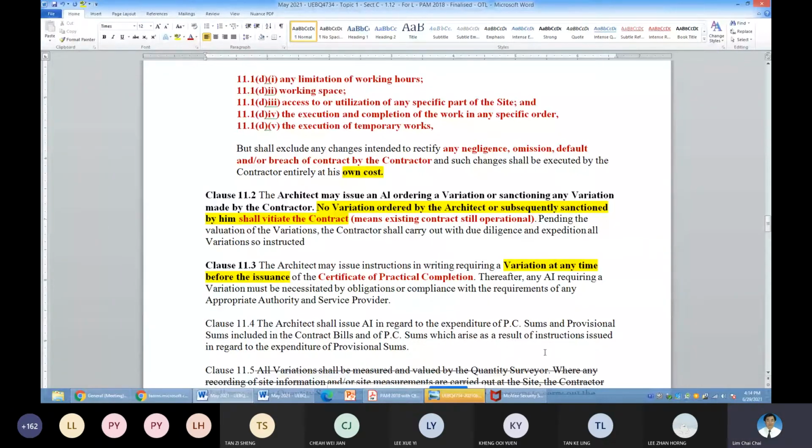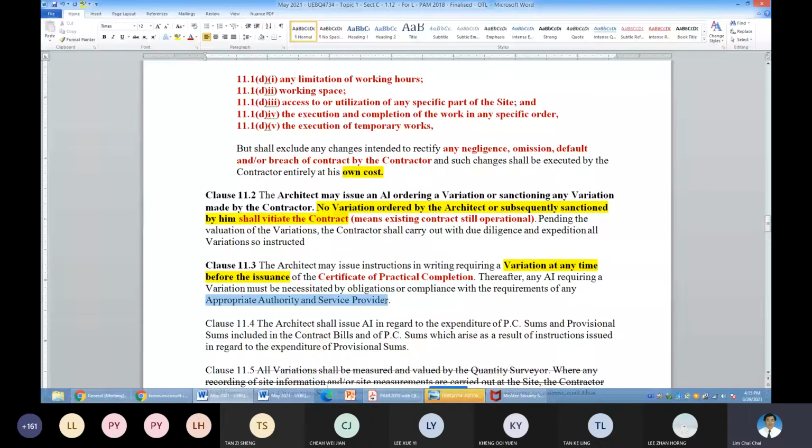I repeat, generally in contracts under PAM 2018, once a CPC is issued, the architect cannot issue any VO for the works anymore. But clause 11.3 is a very special provision allowing the architect to issue a VO even after CPC for this category only. Appropriate authority.